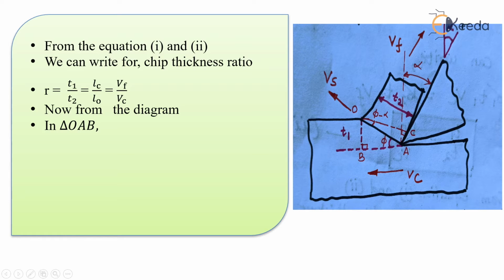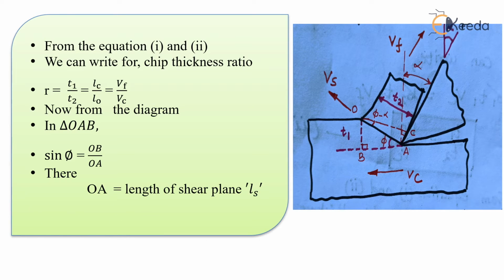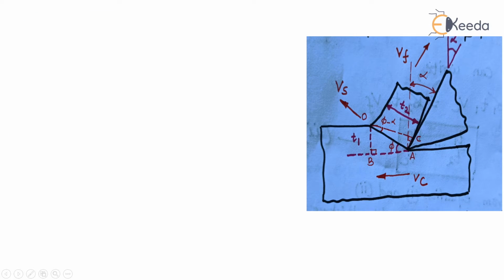Please see carefully. Now in triangle OAB, if I write the sine of angle phi, it will be equal to OB divided by OA. Yes or no? OA, I told you, is the length of the shear plane, which is LS, and OB is our uncut chip thickness.